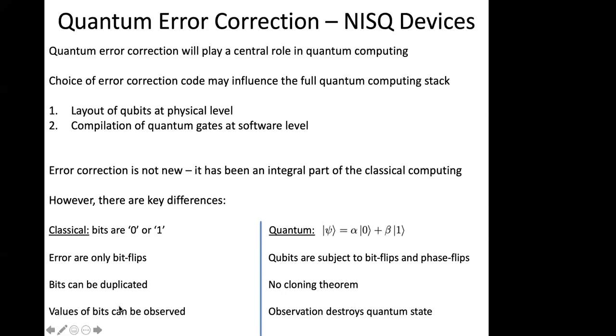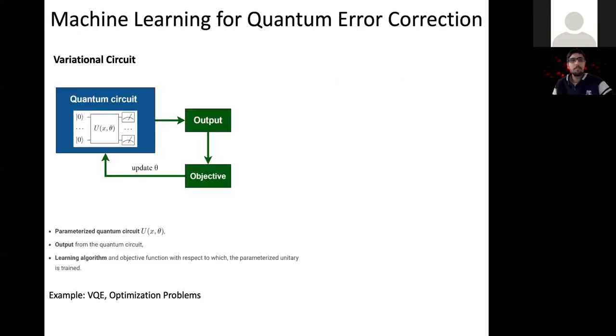And again, in classical you can measure it, but in quantum you can't measure it. So there are a lot of challenges in quantum error correction, but there's a lot of research going on to develop efficient quantum error correction schemes.